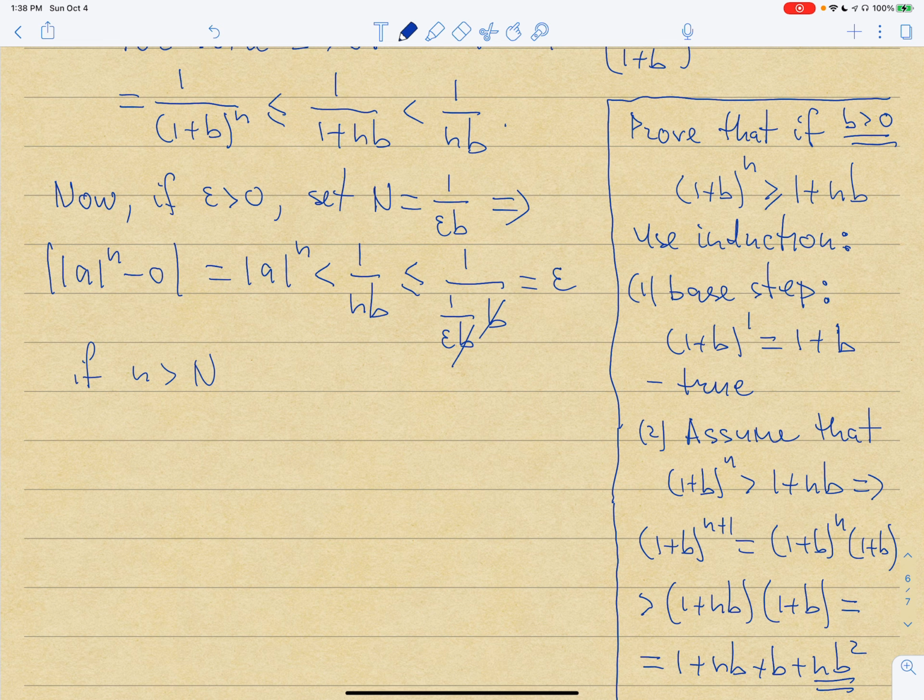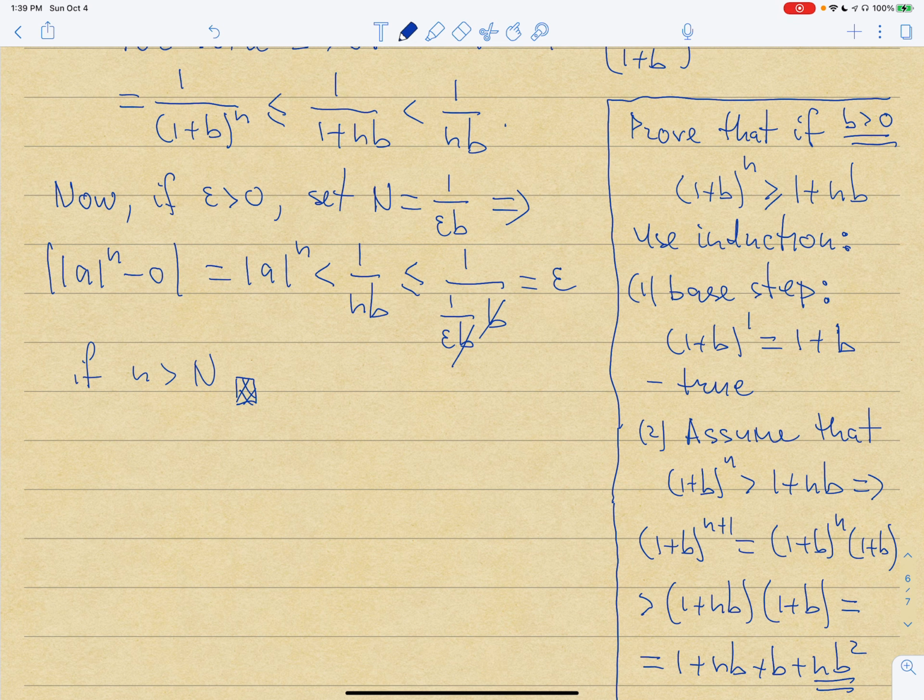So if epsilon is greater than 0, I was able to select capital N to be this number. If n is bigger than capital N, then the difference between the magnitude of a^n and 0 is less than epsilon. And so we demonstrated the definition of a limit for the function absolute value of a^n.